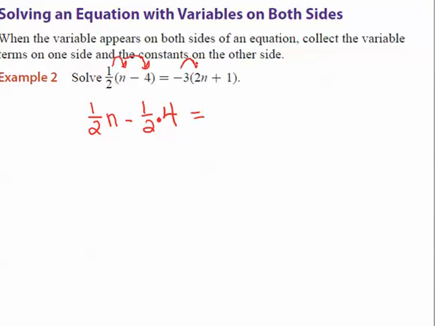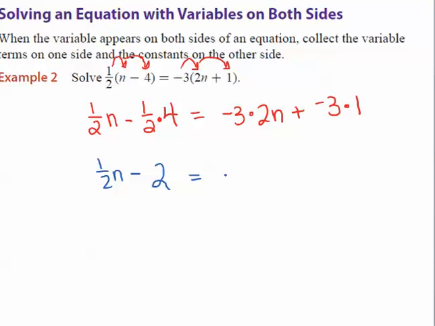And this negative 3 here goes there, and we get negative 3 times 2n plus negative 3 times 1. So we'll simplify, and I'll get 1/2 n minus, and before y'all start having a heart attack with the fraction, just read this as a problem in words. 1/2 of 4. Oh, that's easy. That's 2.